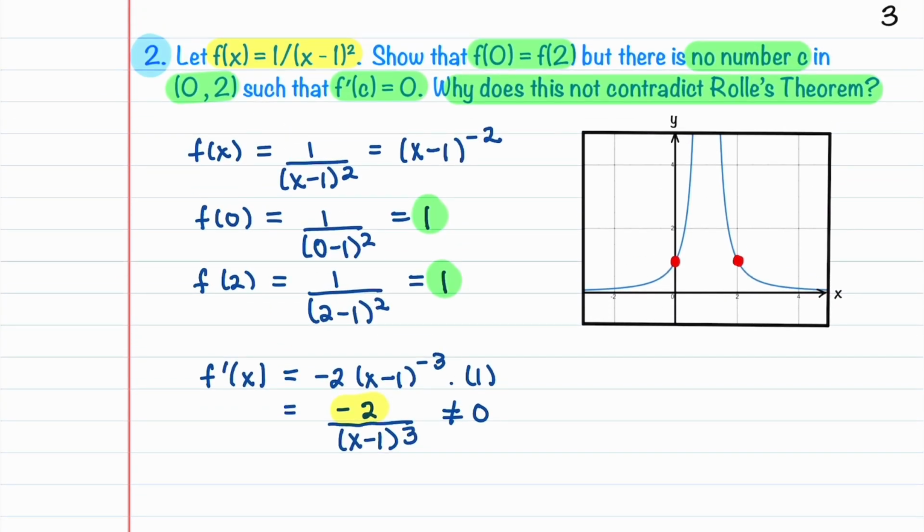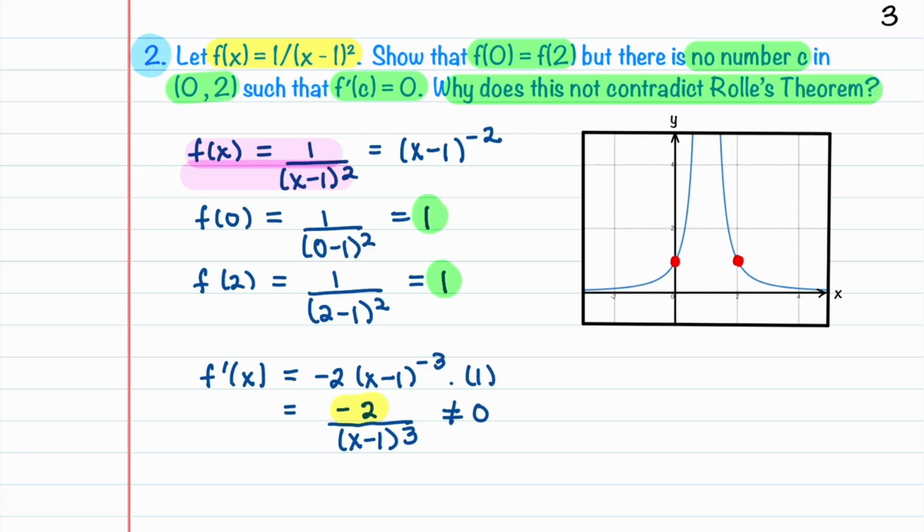Now we have to answer the question, why does this not contradict Rolle's theorem? The reason that it doesn't contradict Rolle's theorem is the first hypothesis of Rolle's theorem is that the function is continuous inside that interval. Notice from our function, let me go up here and highlight it. Let's look right up here. I'm highlighting it in pink. Notice that this function is not continuous when x is equal to 1, and 1 is between 0 and 2.